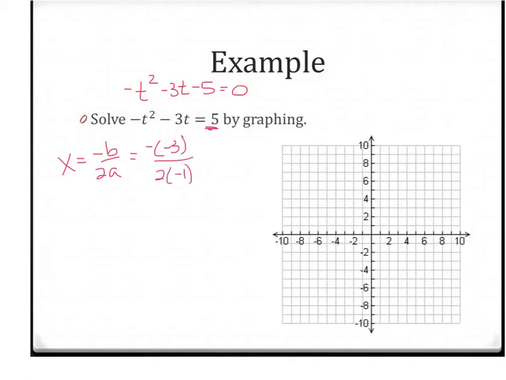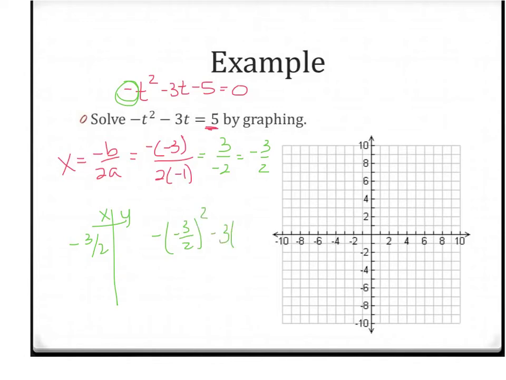Keep in mind that this is going to open down, which is going to be positive 3 over negative 2, which is negative 3 halves. So I'm going to start my table at negative 3 halves for my vertex, and then put that in for x and see what you get. Make sure that you're doing negative 3 halves squared minus 3 times negative 3 halves minus 5.